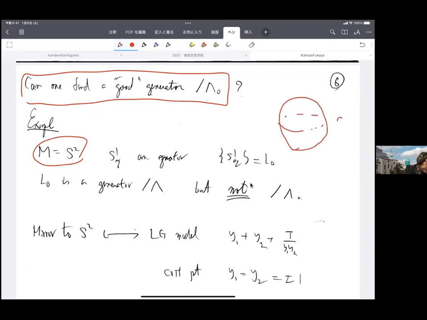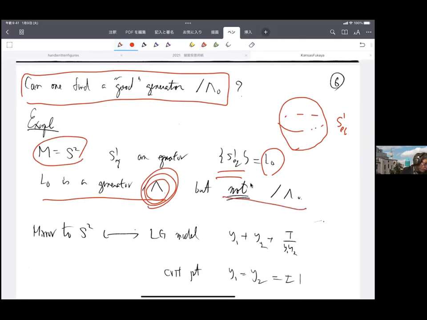You have this equator, and you can just take this L0 as a single equator as a Lagrangian submanifold. And it is very well known that this one is actually a generator over the Novikov field. But as you see, this is not so over the Novikov ring.